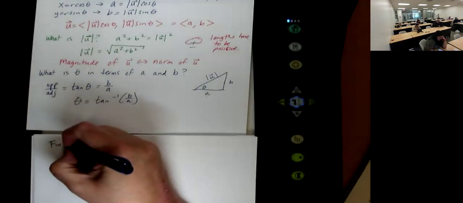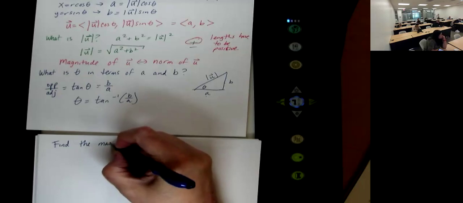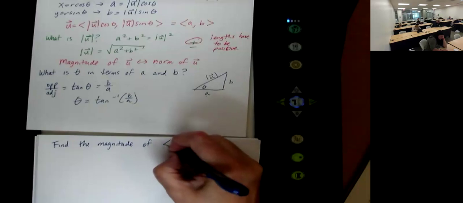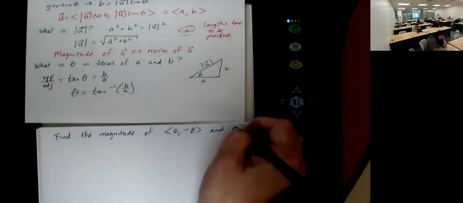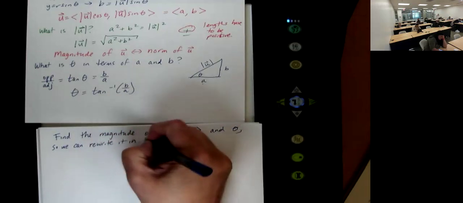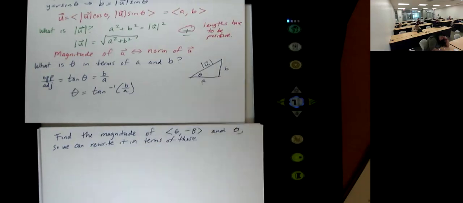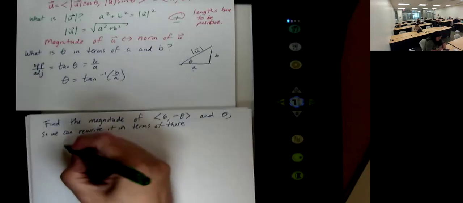So let's find the magnitude, uh, of (6, -8), and angle, so we can rewrite it in terms of those. If it helps, draw a picture.